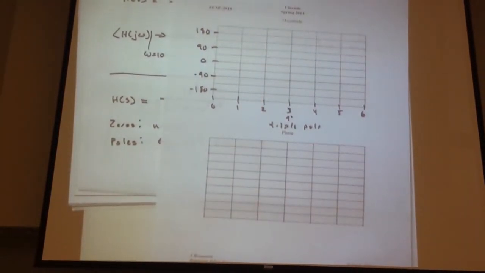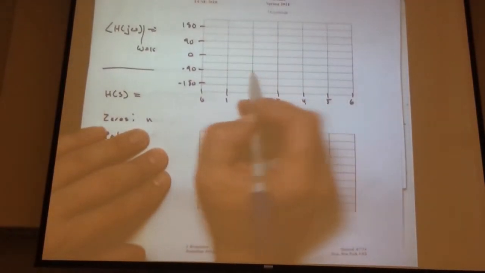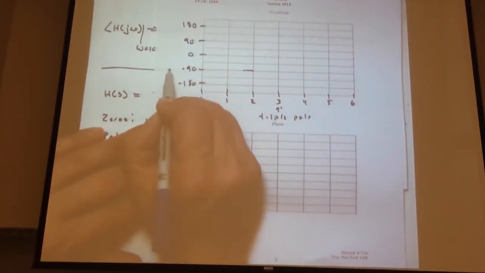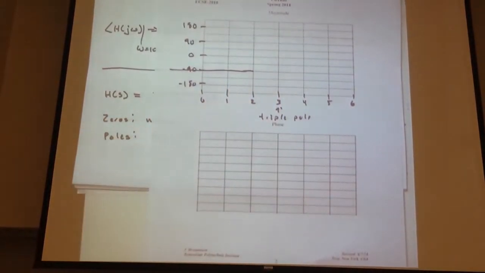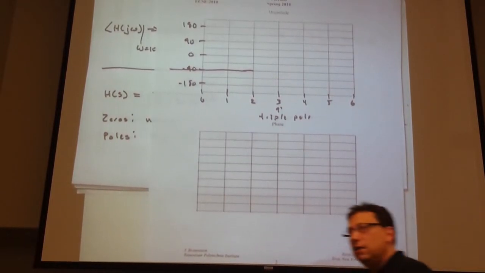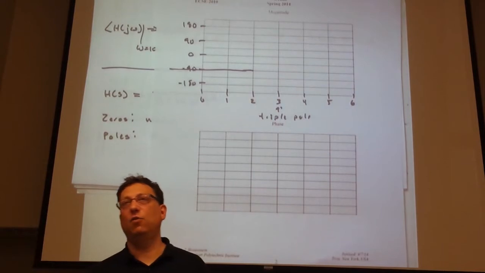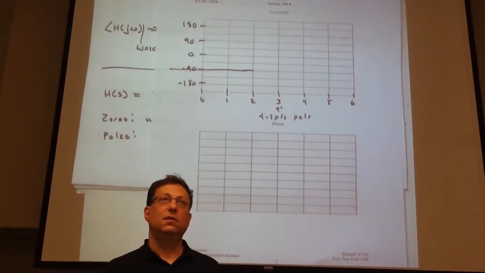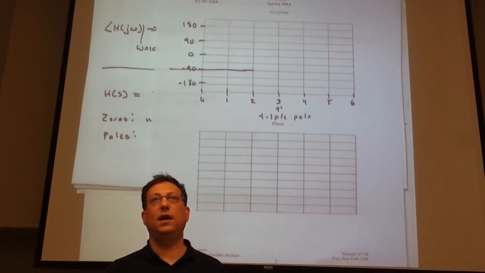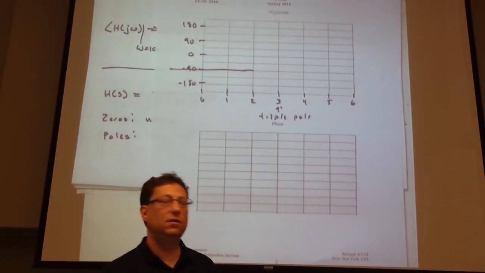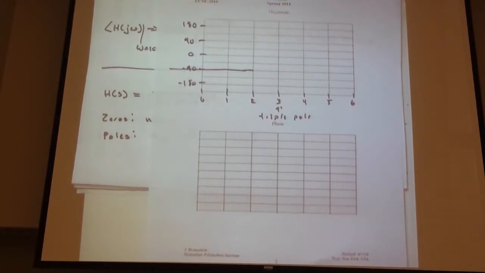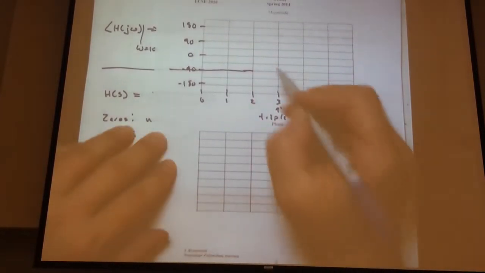So for s less than 10 to the 3, I'm going to say 10 to the 2, we're at minus 90. There's our phase. We cross that pole. What is our phase change by? Minus 270. Where does that put us? Well, minus 90 minus 270 is minus 360, which is where? 0. And we're going to do this over 2 decades.